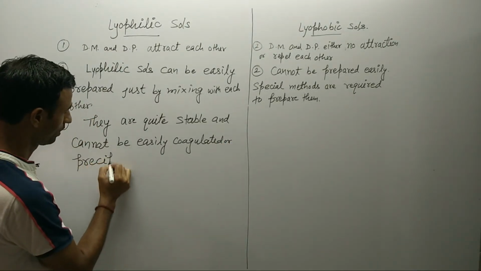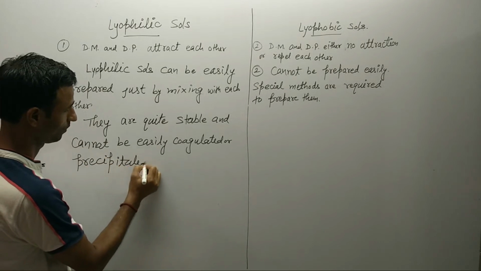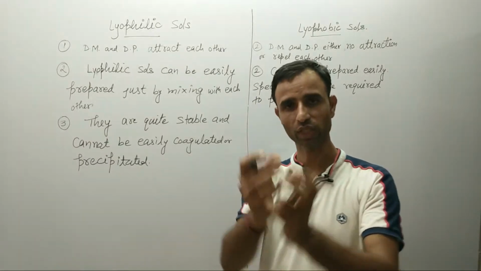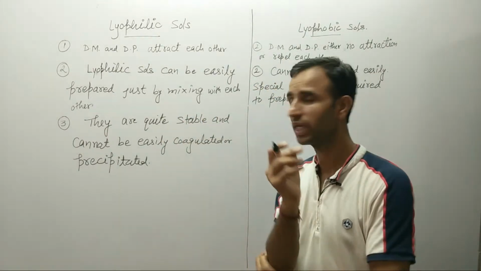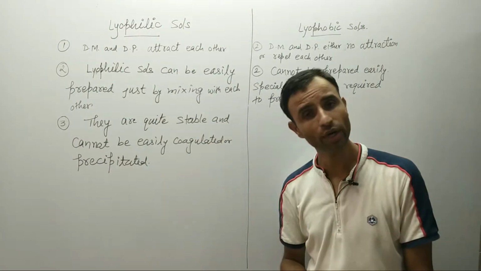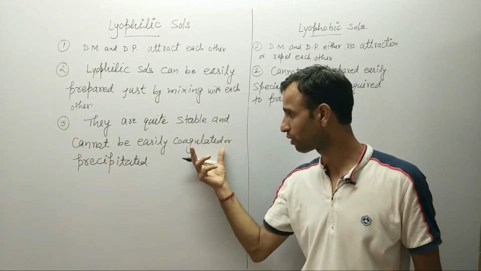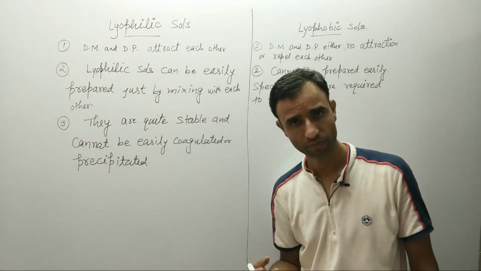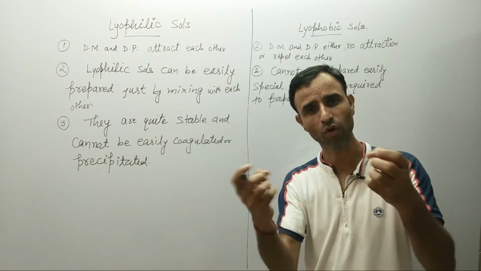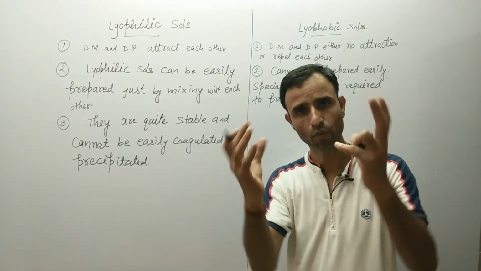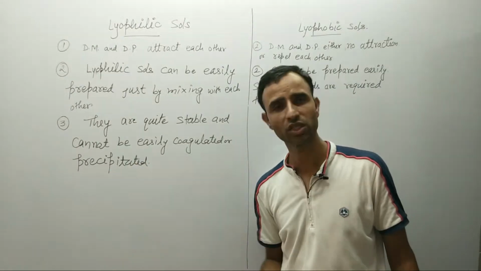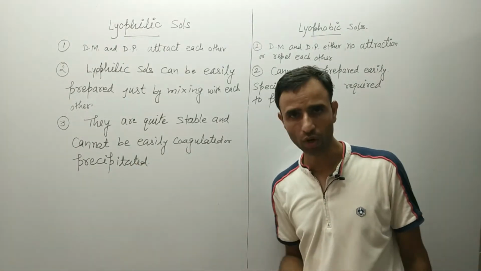Coagulated or precipitated, or we can say separated. Dispersed phase from dispersion medium cannot be easily separated. Cannot be easily coagulated or precipitated. Coagulation means just precipitation. It means when dispersed phase particles come close to each other and therefore form a bigger molecule, that is called coagulation, and at the same time that is called precipitation, that you know all.